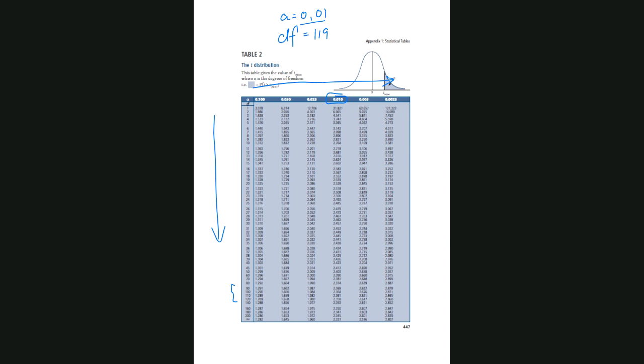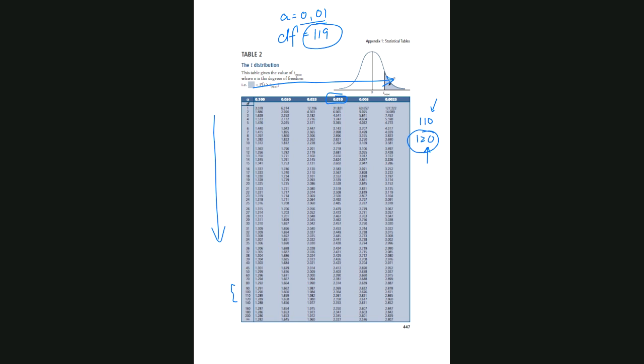Now, in a case like this where you cannot locate the figure itself, you're going to look at what figure it lies closest to. So here they have 110, and then it goes to 120. So you're going to look at, does 119 fall closer to 110, or does it fall nearer to 120? In this case, it would be closer to 120 since it's just one off.